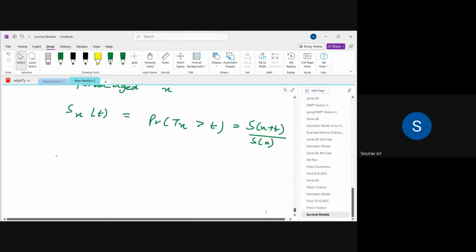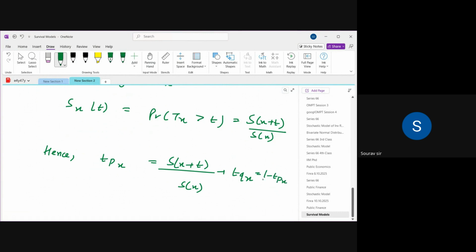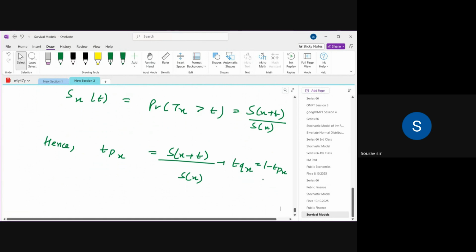Hence tpx is equal to S(x+t) by S(x). So tqx is equal to 1 minus tpx. We find for 75 then similarly.